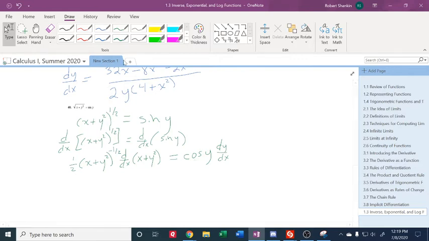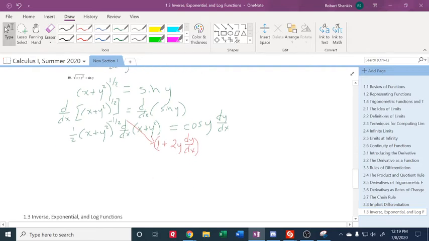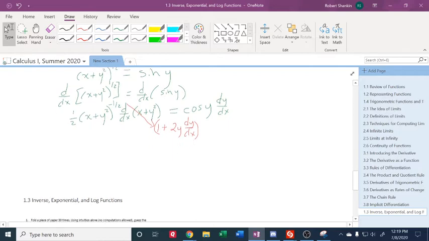Alright, now this derivative here is 1 plus 2y, since y and x are different, I have to tag on dy/dx. Okay. So I'm going to get this dy/dx right over here. I'm going to divide both sides by cosine of y.